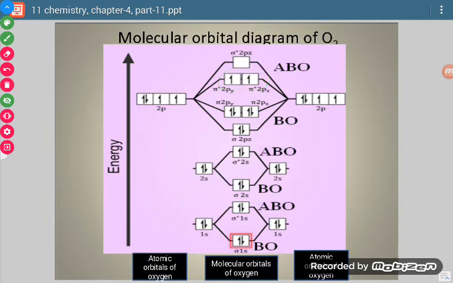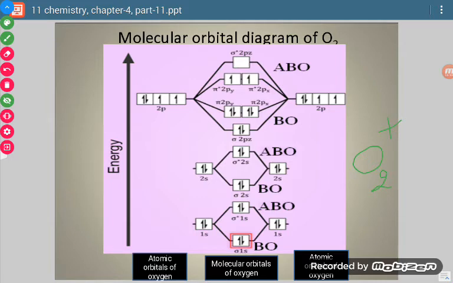So this diagram is of very much importance, you have to remember it properly, and similarly you can draw for molecules till nitrogen also. Only difference will be this will come here and these will come here in case of molecules till nitrogen. Now one more important thing which you have to remember: suppose you are given O2 positive, then how will you go ahead?